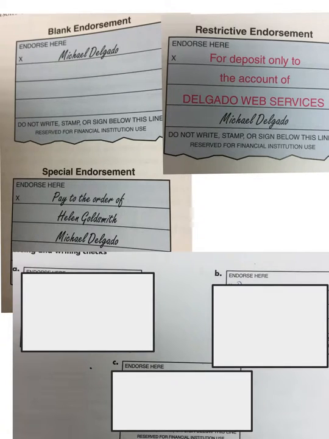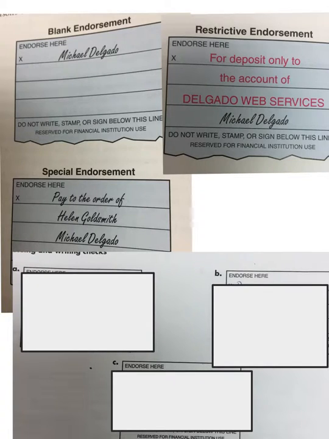Typically, you would not want to sign the back of your check until you were ready to actually take the check to the bank to be cashed, to prevent that from happening. Now, there's another type of endorsement which we call a special endorsement. This type of endorsement is when there's a check that's been written to you, but perhaps the check really needs to go to someone else.